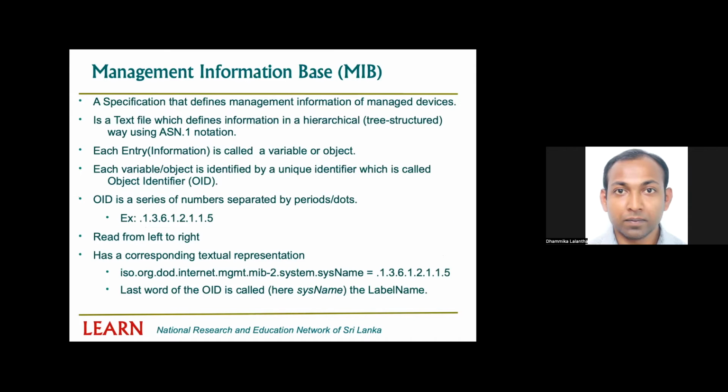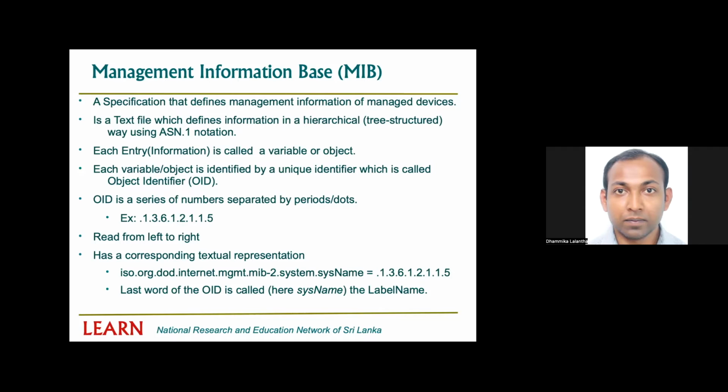Like in this example, as you can see in the last line, there is sysName. For this OID object, there is a corresponding textual name representation. We normally call it a label. The left side, in this case sysName, is the label, the object, and the right side is the object identifier, the numbered one.